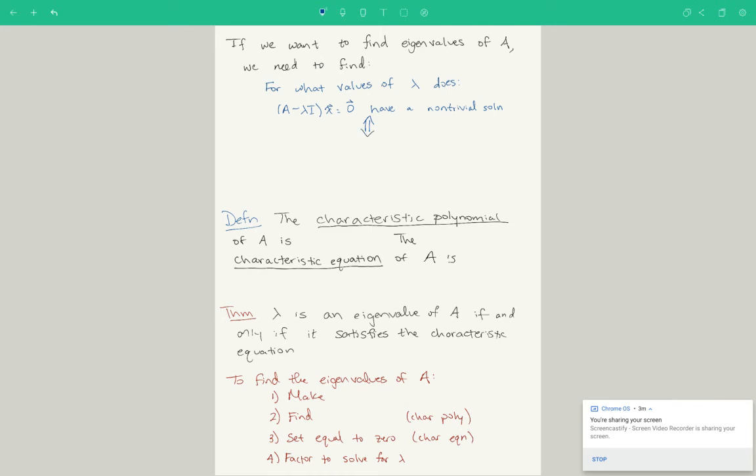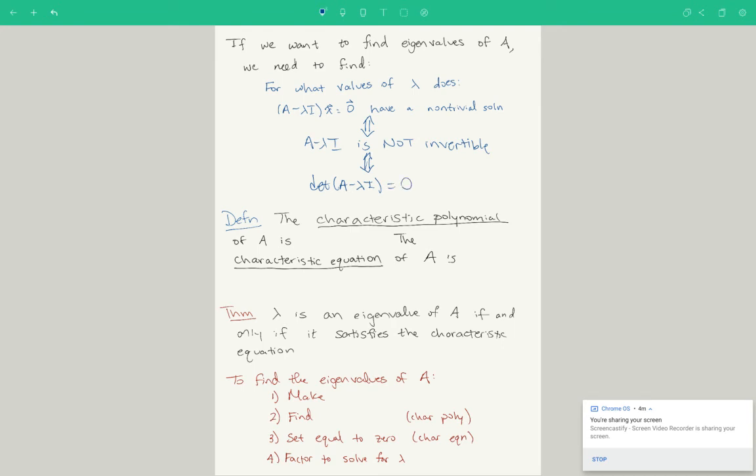So that means that this matrix, in this case A minus lambda I, is not invertible. If this is not invertible, then every single thing in that list is false, including the fact that the determinant is non-zero. So if A minus lambda I is not invertible, the determinant of A minus lambda I should equal 0.